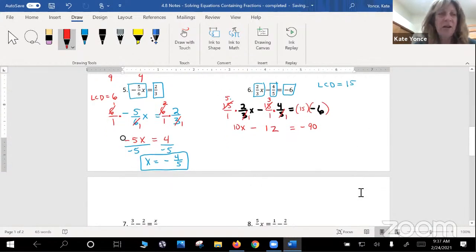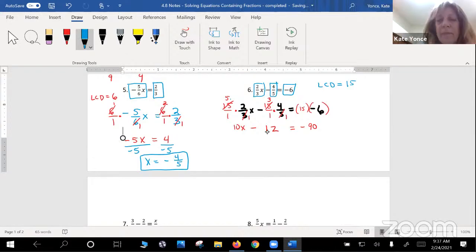All right, Patches, now what? Now you would move your -12 to your right, turning it into +12.